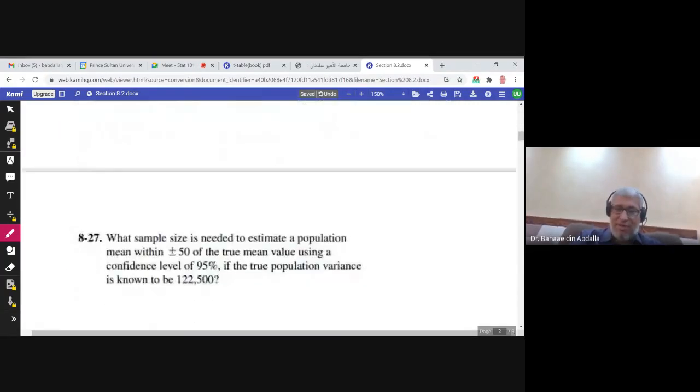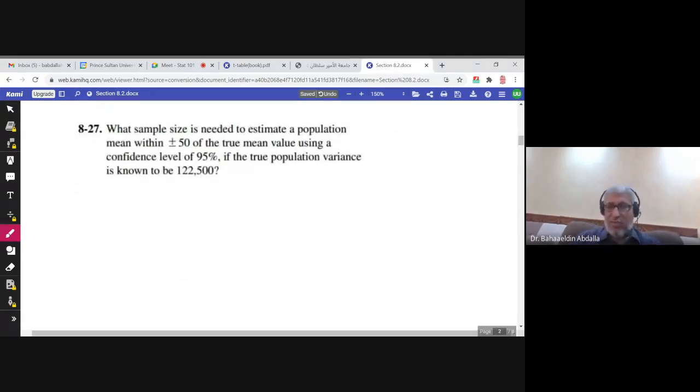For example, let us solve one question about it. Here, what sample size is needed? The question will always ask about the sample size, and we are estimating a population mean. This sentence also has to be there: sample size when we estimate the population mean, because we will study sample size when we estimate something else in the coming sections.